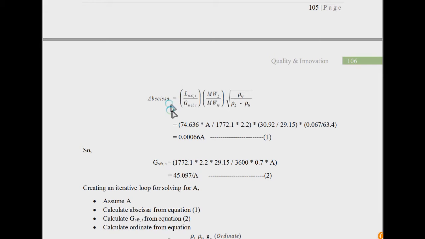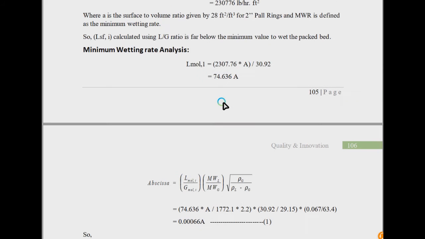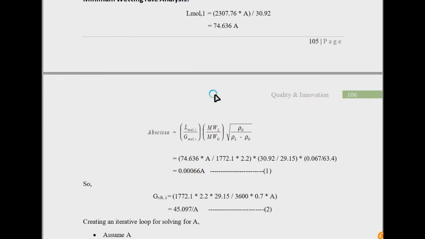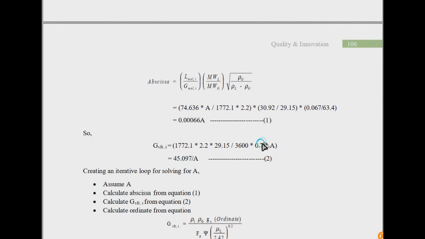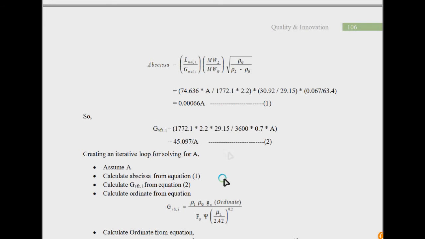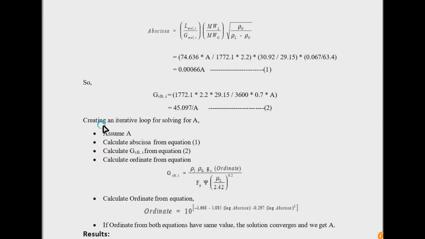Second, you have to set out the equation of the abscissa. To make this concept easy, the only unknown will remain the area. Everything you have calculated above will be used in these relations that have been discussed before, and based on assumption, I have created an iterative loop for solving it. Assume A first of all, then calculate the abscissa.